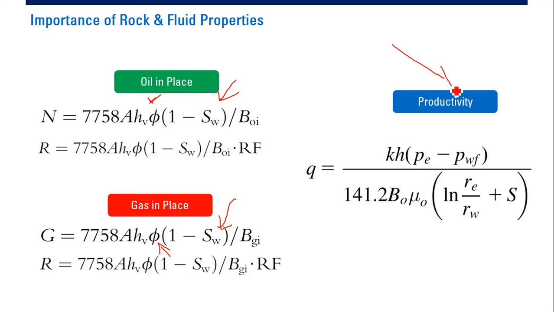For productivity, or easiness for the fluid to flow, how productive the well is, able to flow fluid, it is governed by permeability, another rock property, and also by the viscosity, the fluid property. Another fluid property is Bo, oil formation volume factor. We will talk about this later in another lecture.